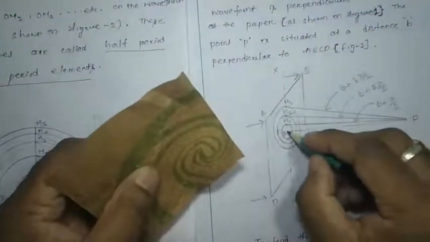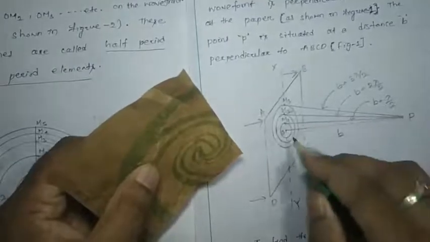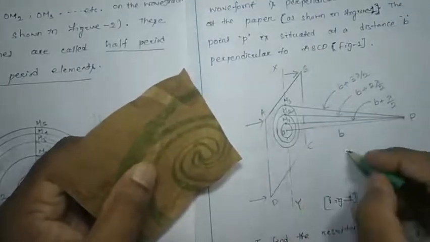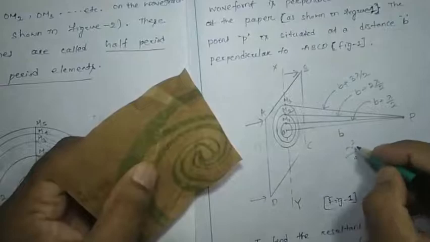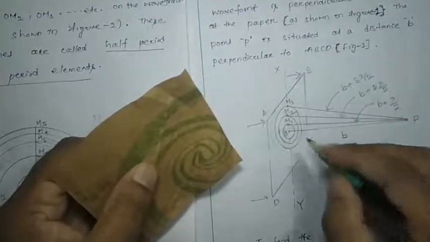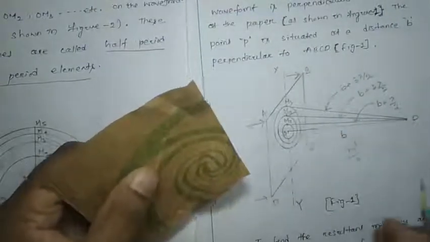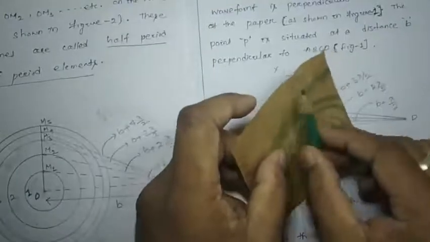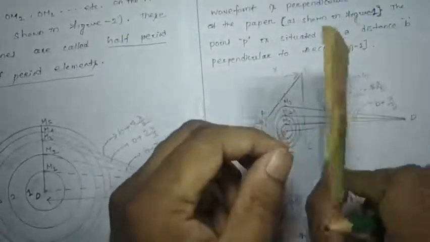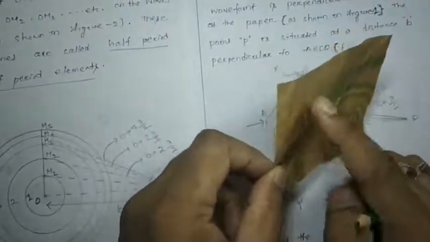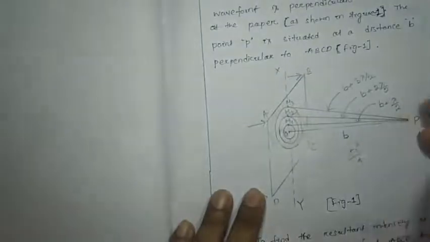But here we found that the intensity at point P is m1 square by 4, which means it depends only on the first half period zone. So if light propagates rectilinearly, then we need this much larger plate to obstruct, but here a small aperture can obstruct the light.